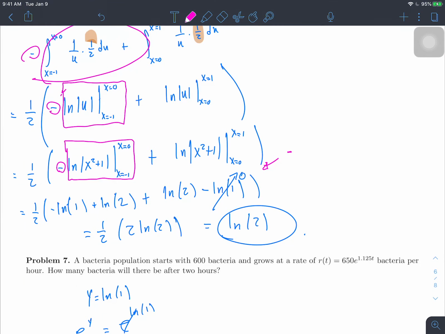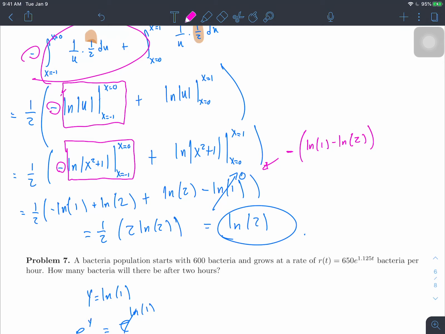That negative sign stayed, and then I had a big parentheses where I do this thing in the box, which is ln of, we plug in 0 first, 1, and then minus ln of, we plug in the second thing, which was negative 1. That gave us ln of 2. And what I did in one step here was I distributed this negative sign.